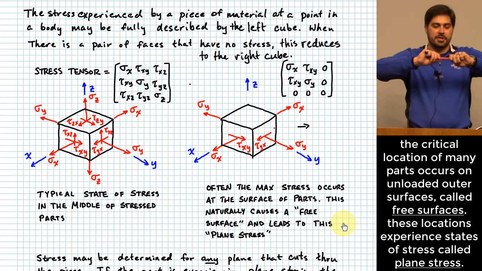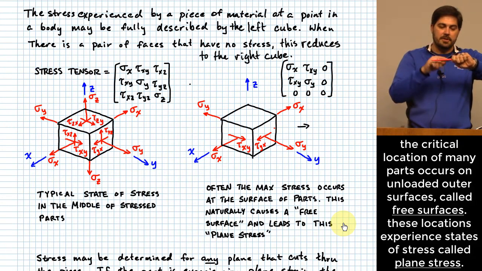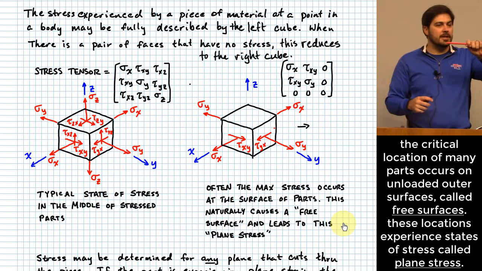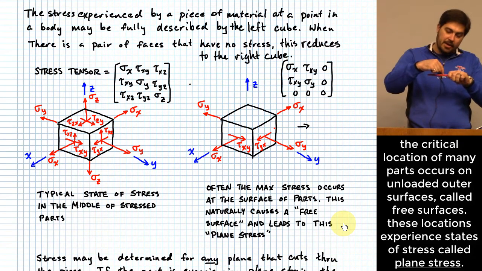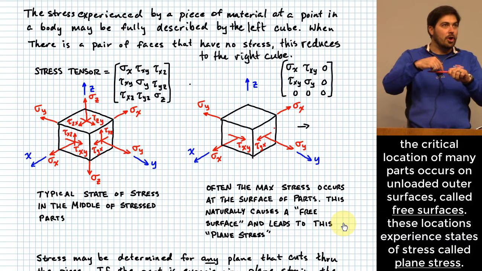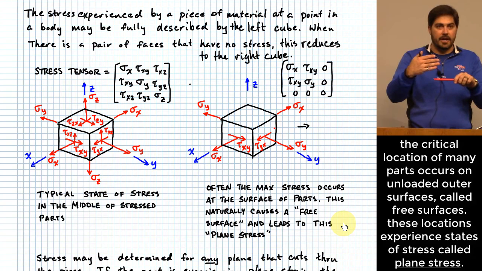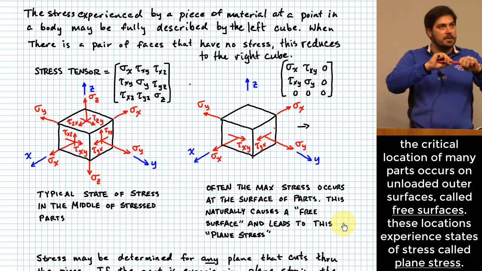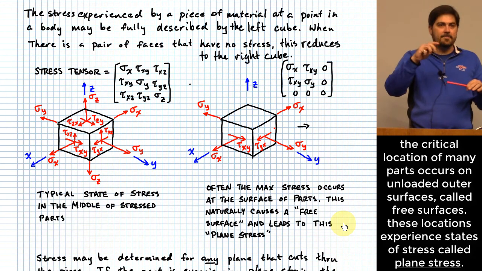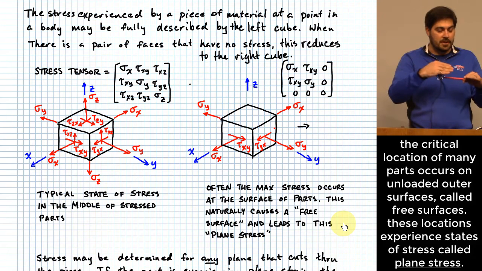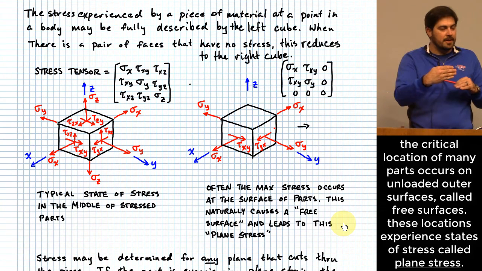So if you're twisting a shaft like this, all of the material that's on the outer surface of the shaft, you can look at it and see that on that outer surface, there are no applied forces, right? So what we call that is a free surface, right? It doesn't have anything touching it. It has nothing touching the outer surface of this shaft that's being twisted or a beam that's being flexed. Typically, if a piece of material is on the outer surface of a part, it very frequently is a free surface.